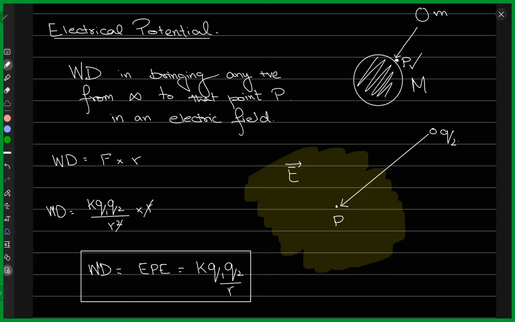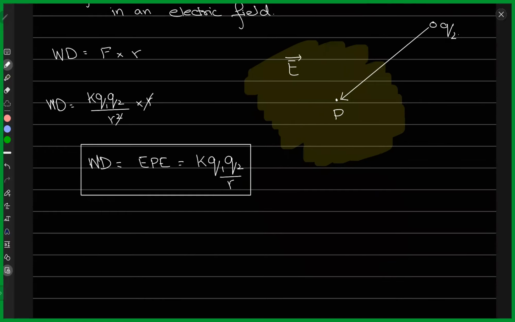Now, the electrical potential is just the work that I'm doing for every charge. So I can write that down. Electric potential is essentially the voltage, right? Sometimes it's referred to as voltage potential.